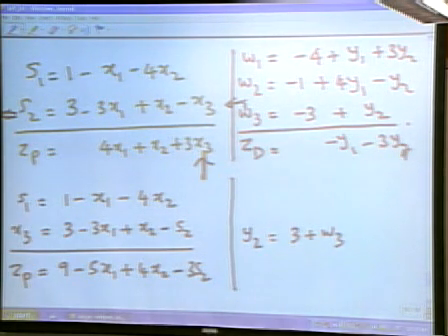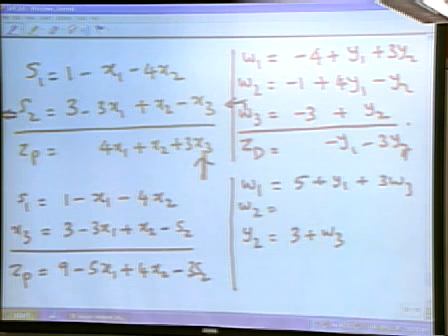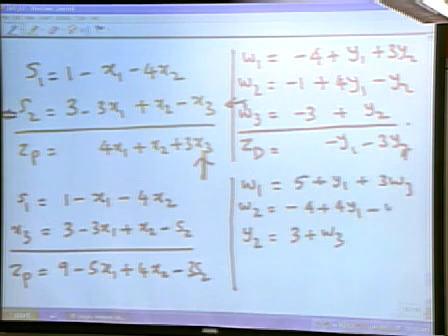So w1 would become 5 plus y1 plus 3w3, and w2 would become minus 4 plus 4y1 minus w3.